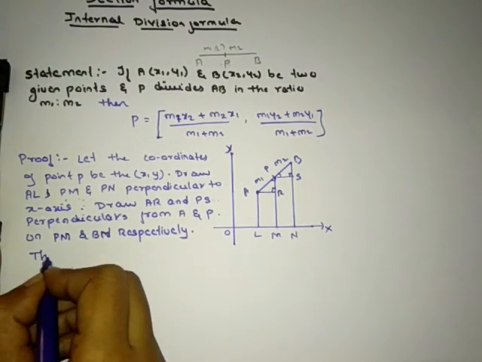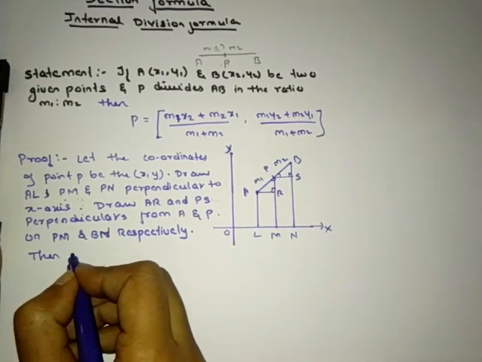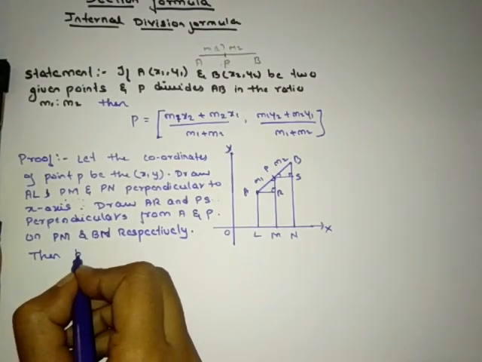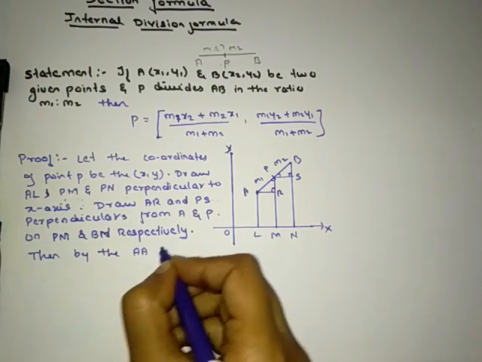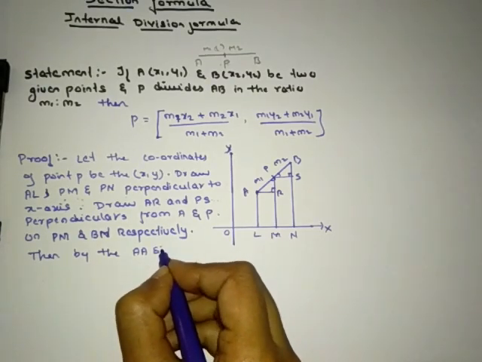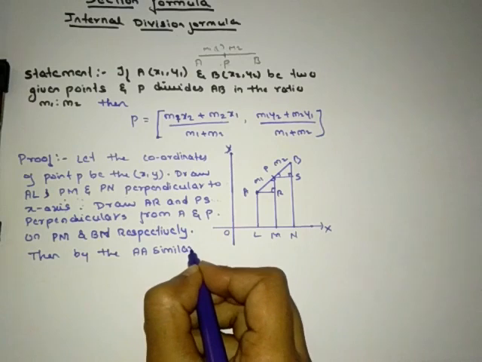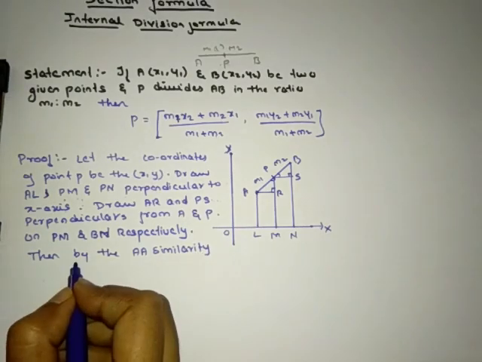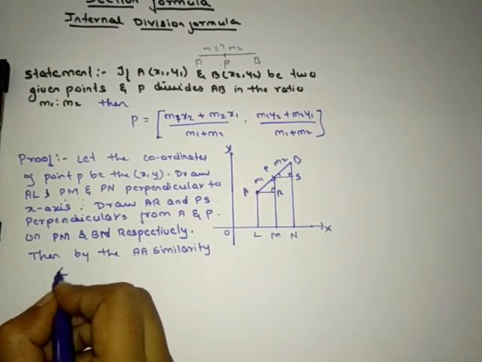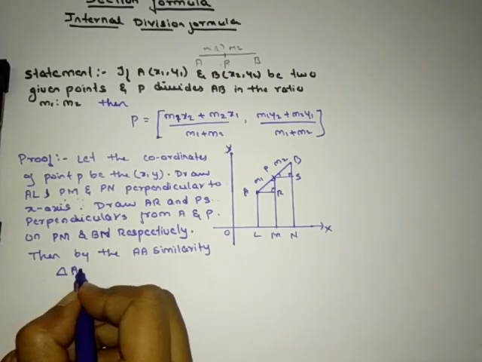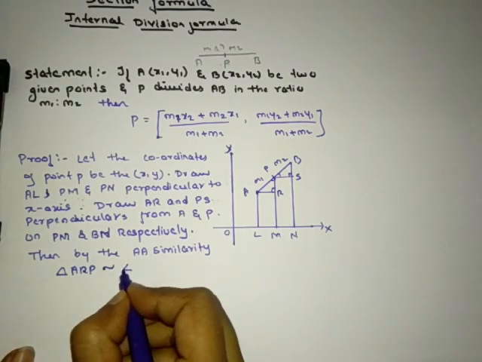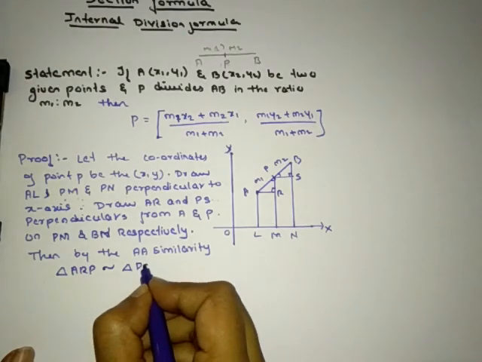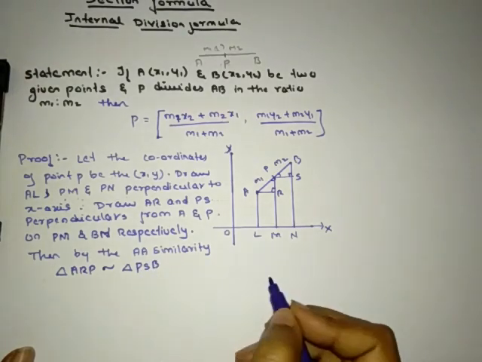Then by the AA similarity, triangle ARP is similar to triangle PSB, isn't it?